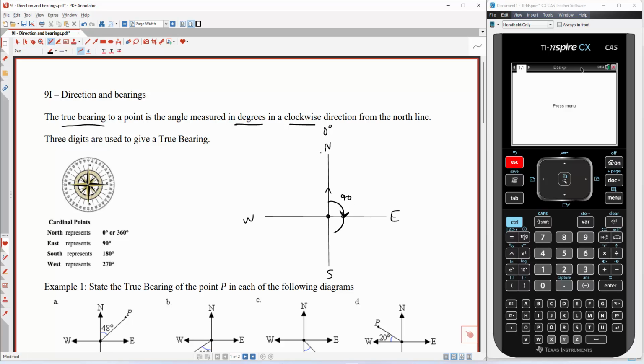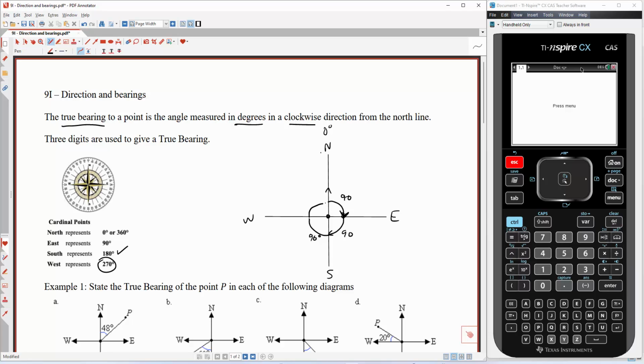If I turn another 90 degrees clockwise, I end up facing south. So to turn to south would be 180 degrees. I can turn another 90 degrees, and that will have me facing west, 270 degrees.